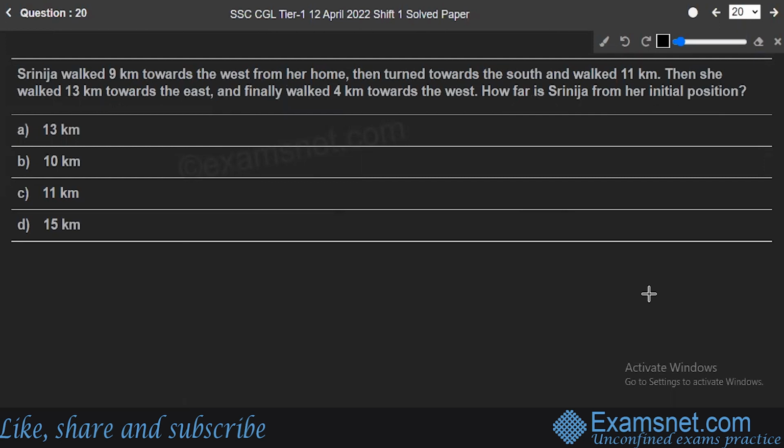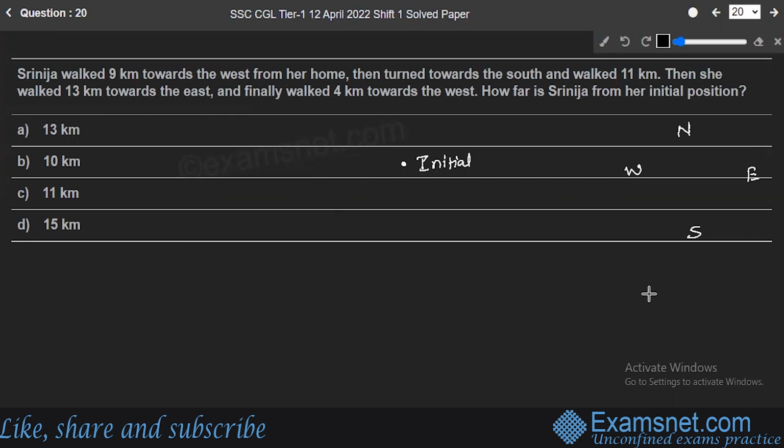See, let's make a diagram for this so that we can be clear. Here is north, here is south, here is east, and here is west, right? Srinija walked 9 kilometers towards the west. Let us say she started from here; this is her initial position.